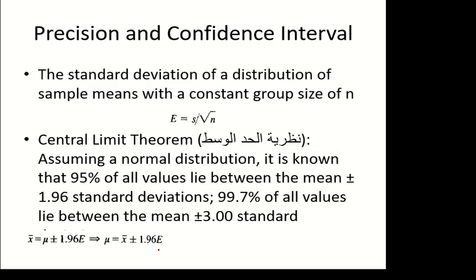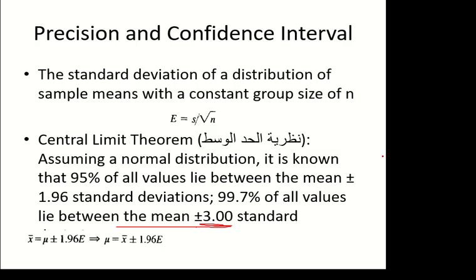They represent if you took, for example, 100 samples, 95% of those 100 samples will have a mean in this range, mean plus minus 1.96 E, and 99.7% of the samples, that means almost all the samples, will have a mean within mean plus minus 3E.